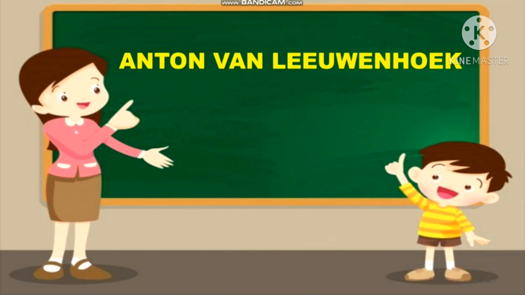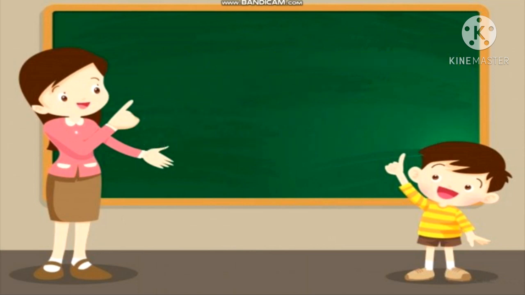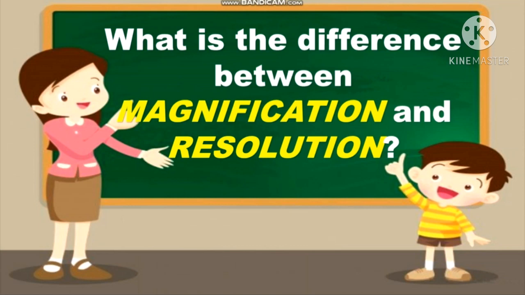Anton van Leeuwenhoek was the first scientist who had described the appearance of red blood cells or RBC using microscope. And before anything else, before proceeding to the different types, parts, and functions of microscope, let us first understand the difference between magnification and resolution.